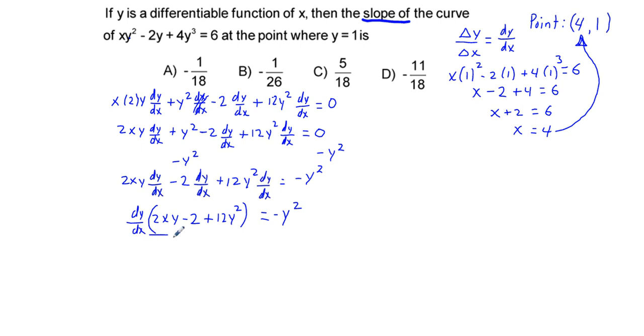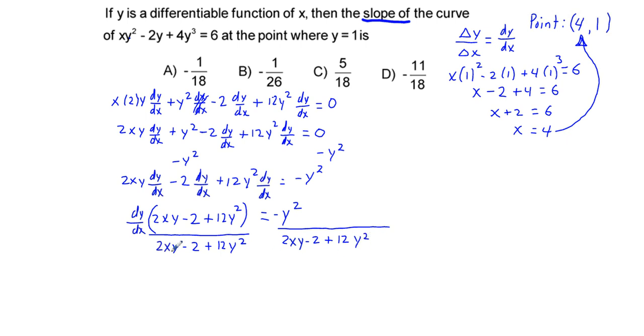Now, solving this equation for dy/dx, we're going to divide both sides of the equation by 2xy minus 2 plus 12y squared, and doing the same thing on the right side, 2xy minus 2 plus 12y squared.